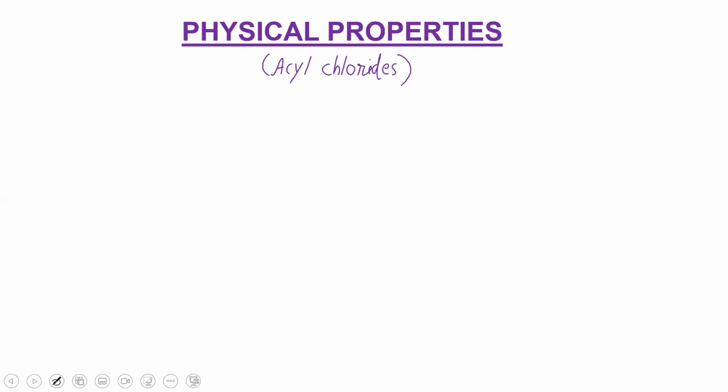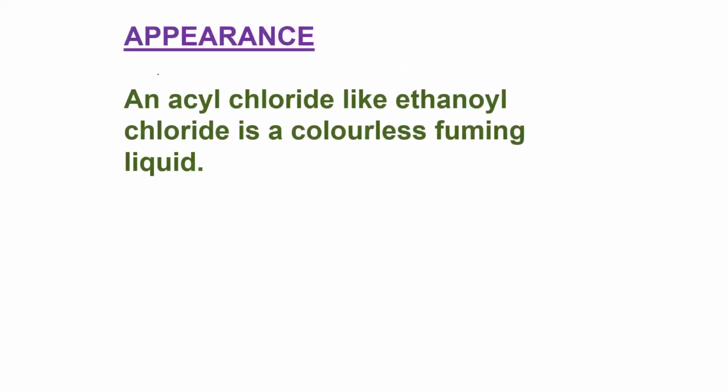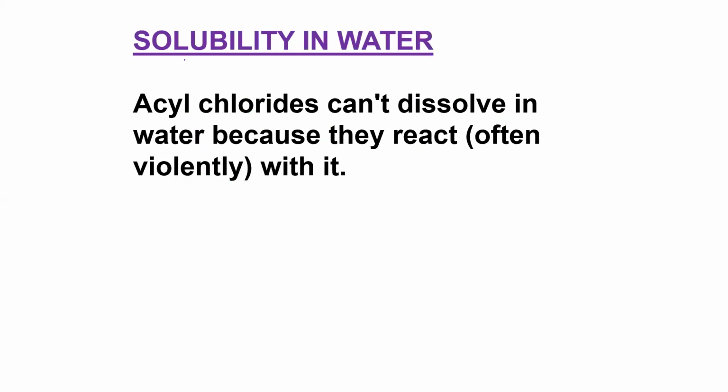Number one is appearance. Acyl chlorides like ethanoyl chloride are a colorless fuming liquid. They're generally liquids like that.